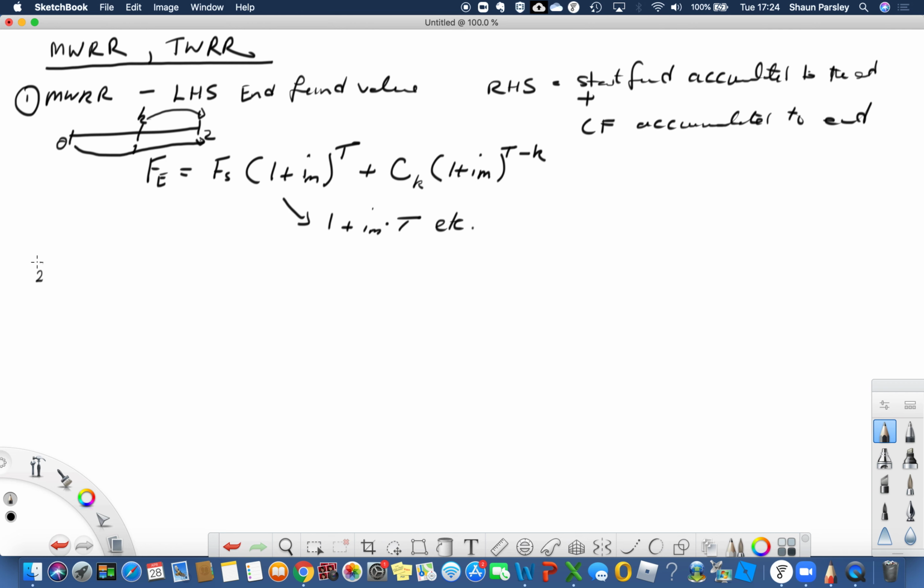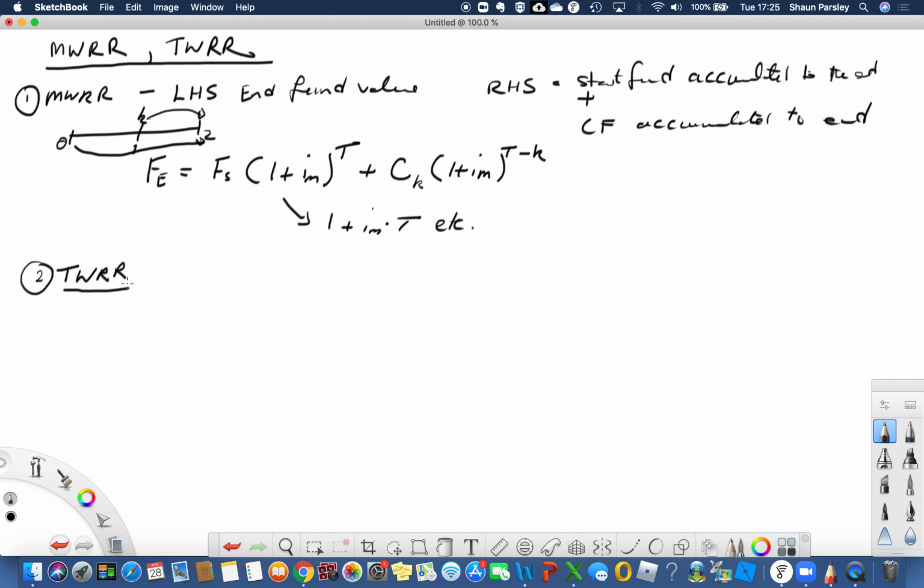Right. 2. Now, I was talking to a student the other day on time-weighted rate of return, and the student was saying these formulas which you give in the notes don't necessarily work in the questions, and that is a fair challenge.